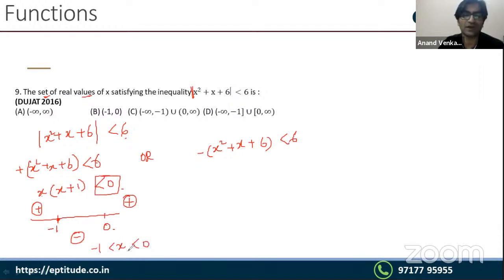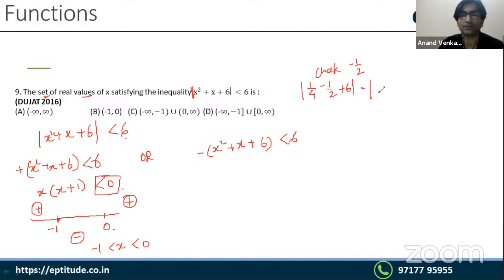ठीक है, बट यहाँ सेटिस्फाई मत हो जाना. एक वैल्यू यहाँ लेके देखो, राइट? -1/2. सो चेक करते हैं. -1/2 का स्क्वायर आएगा 1/4 प्लस -1/2, प्लस 6. इसका अमाउंट क्या आएगा? So this is 6 minus 1/4.